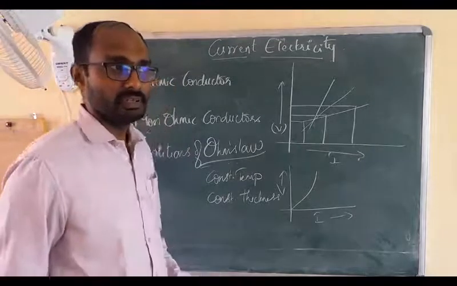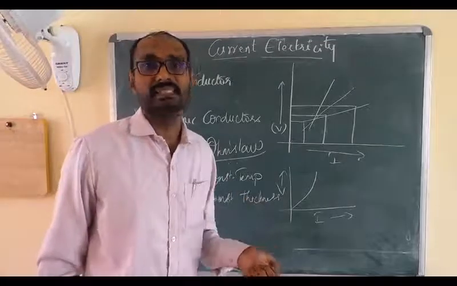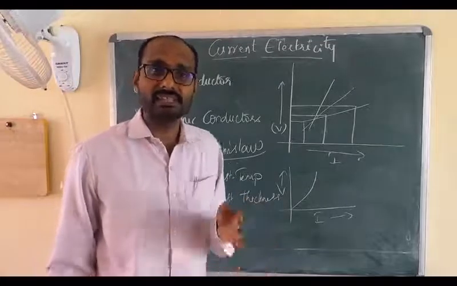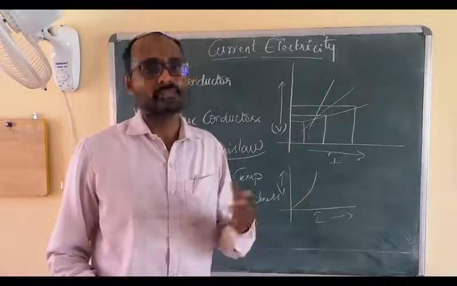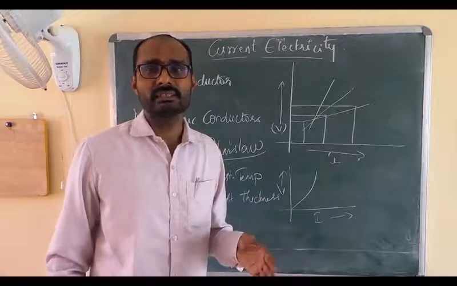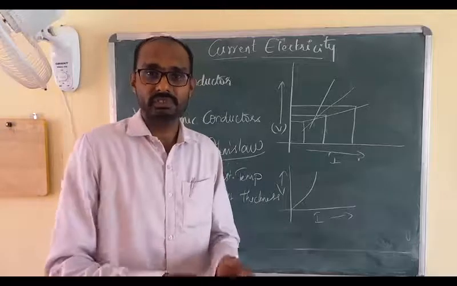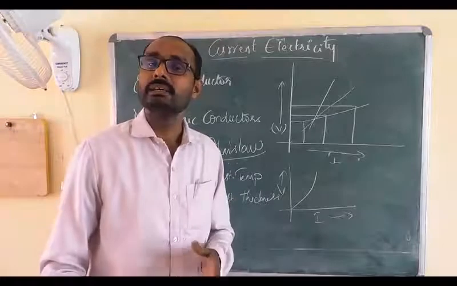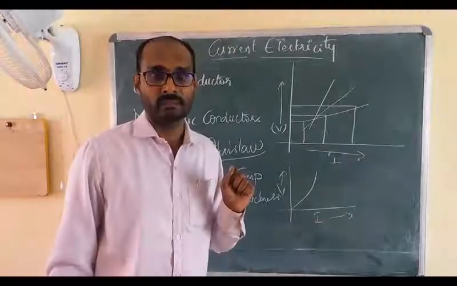For example, elements like germanium and silicon are semiconductors. They behave like insulators at a certain point, and once the voltage is increased, they start behaving like a conductor. So it should not be like that. Not only these, PN junction diodes and Zener diodes, which we will learn in higher classes, all behave like non-ohmic conductors.